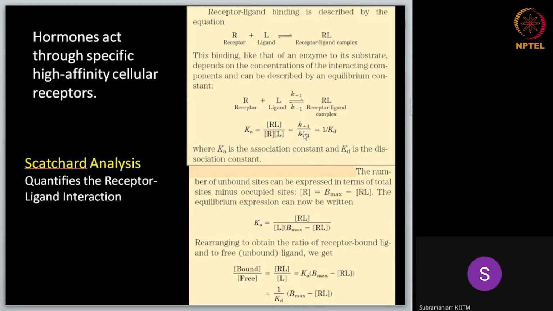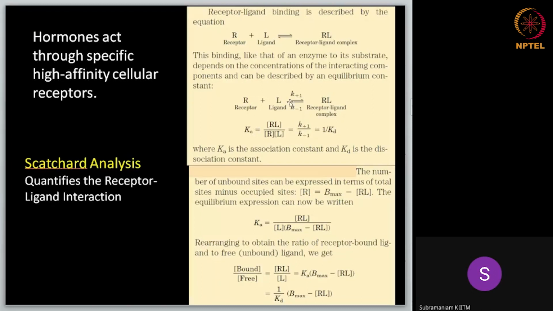So these two rate constants give the association constant. And for the reverse, where R and L will be on the top and RL will be down, K minus 1 by K plus 1, that will be KD. So Ka is 1 by KD.